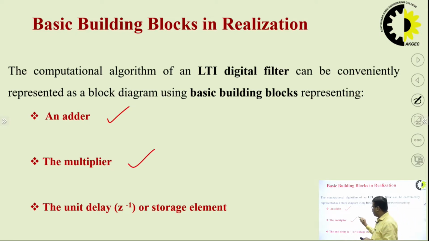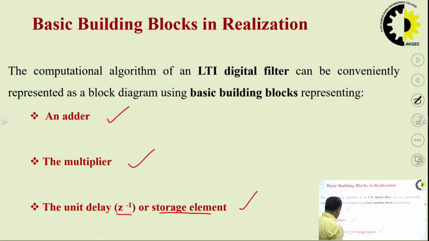The multiplier, it means you can multiply the signal. And third, which is new for you, is the unit delay. It means z inverse or storage elements. So, these are the three main components that you need whenever you want to realize your IIR digital filter.